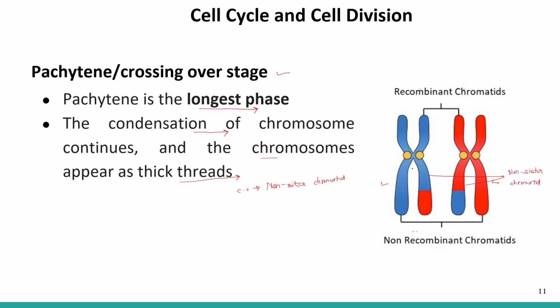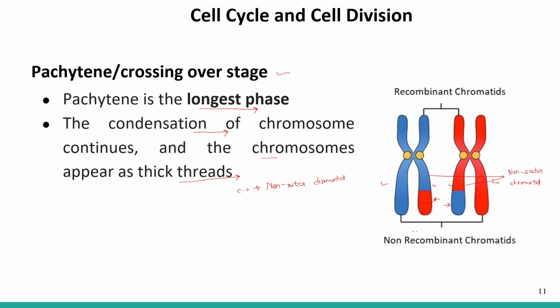Now you can see what happens during crossover: there is an exchange of genetic material. Crossing over took place between this chromatid and this chromatid, and there is an exchange of the genetic material. The red material has now transferred to this chromosome, whereas the blue material, or the genes present on this chromosome, has transferred to this chromosome. And crossing over is very important because it leads to the formation of recombinants.